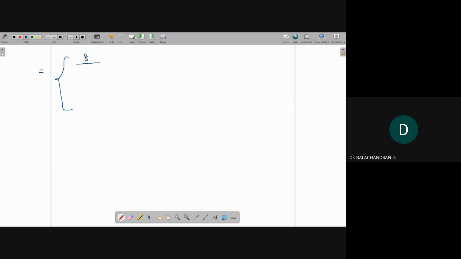So what is the function? 8 by n square pi square into sin(n pi by 2) if n is odd, and 0 if n is even.